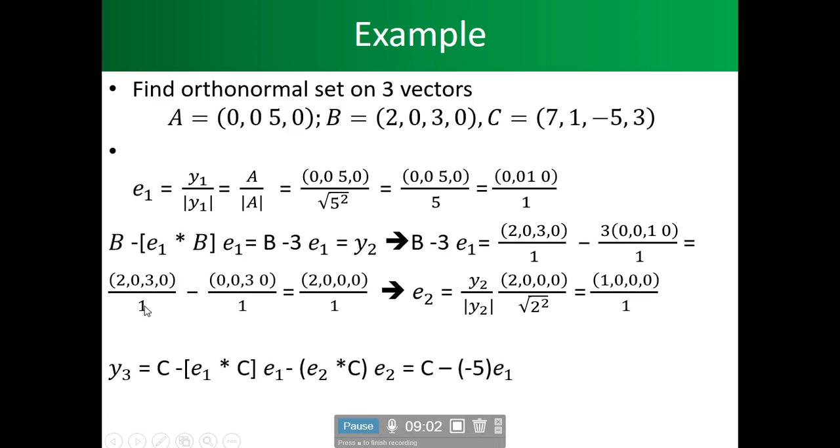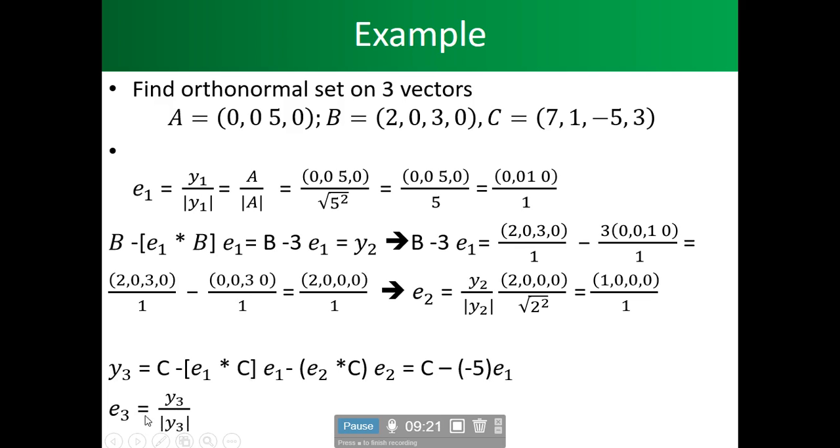Now we have Y3 that we want to find, our final destination. And they said all we have to worry about is c minus 5 E1. That's the first part of it. Let's see what the other part of it is.